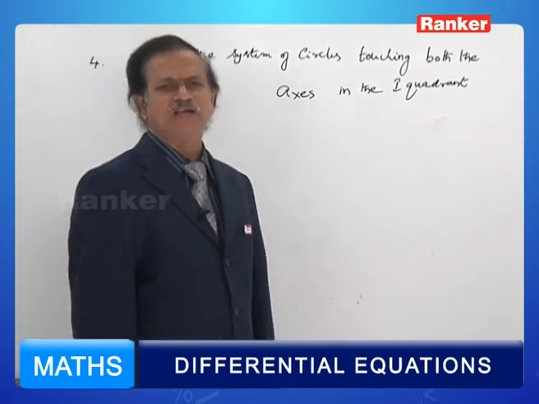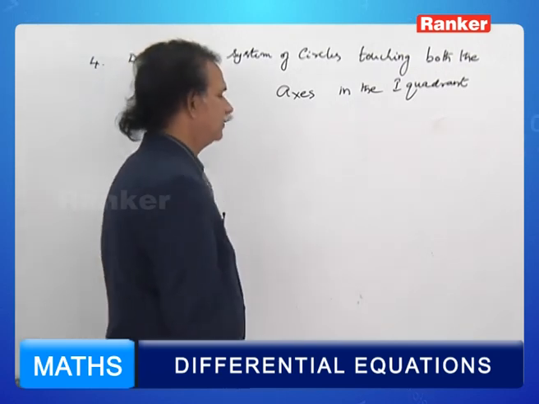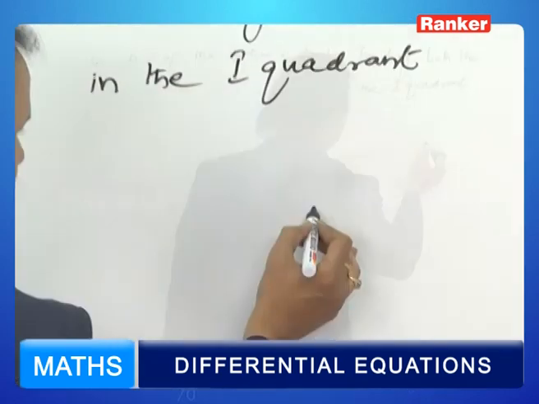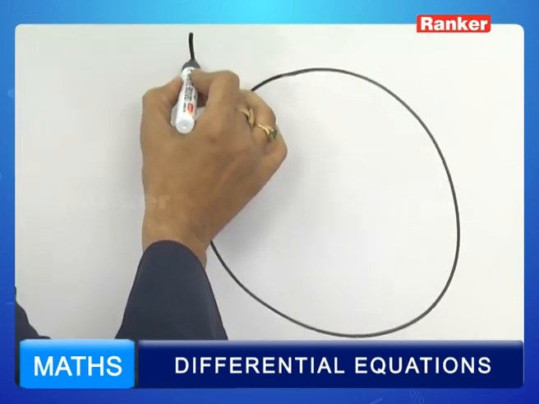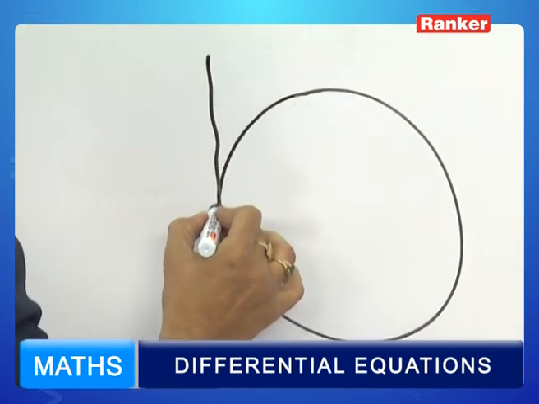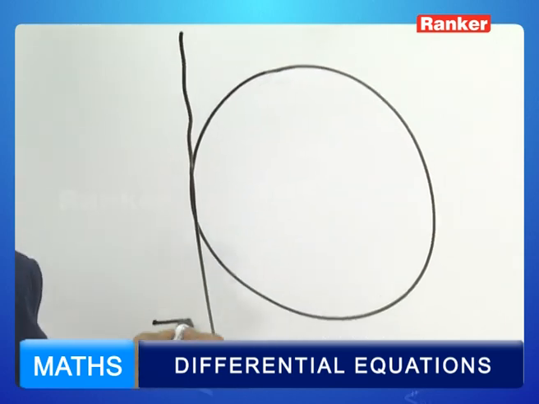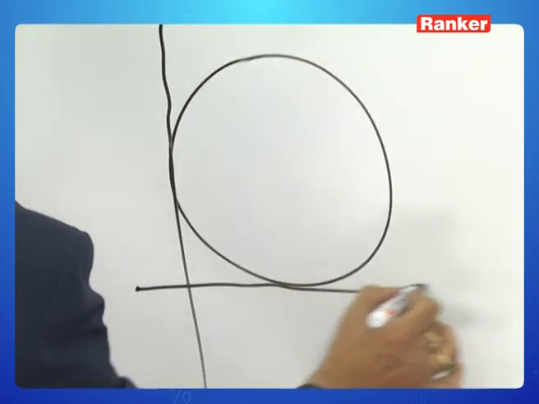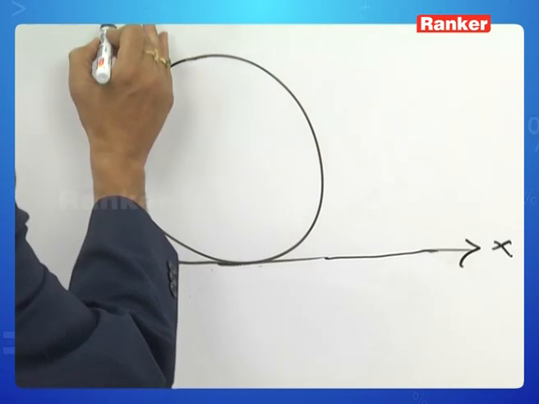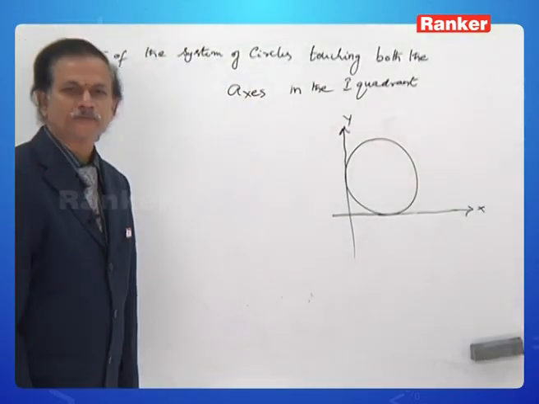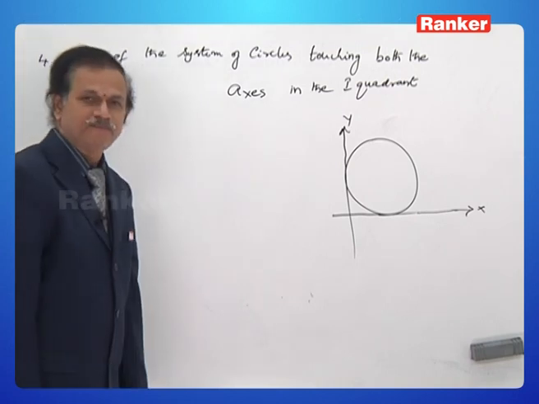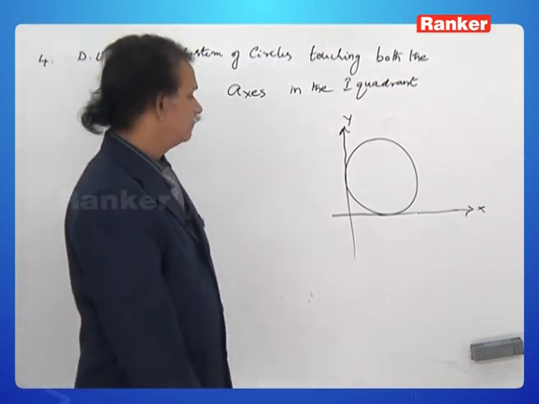Again, let us trace the family, the equation of the family. That is the general shape of the system of circles.